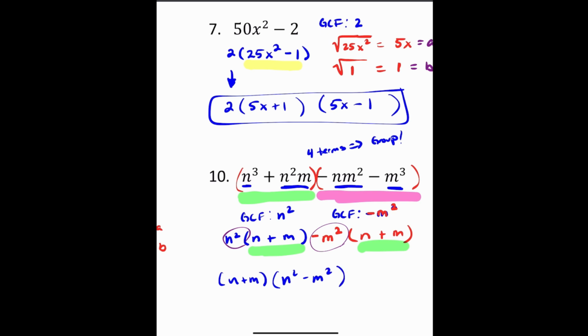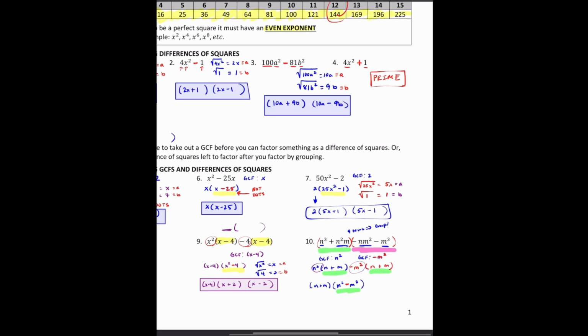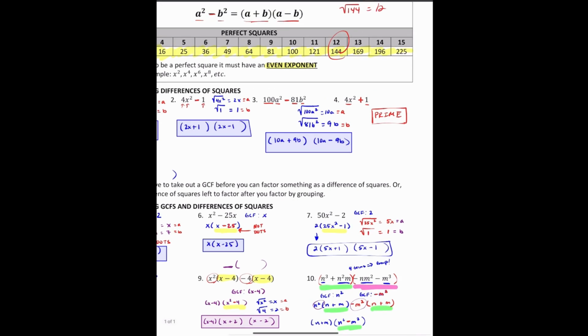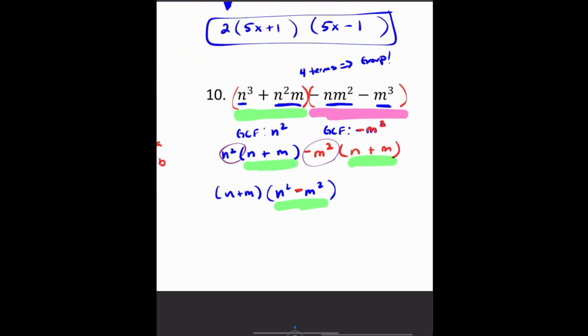And then look over here. We have a difference of 2 squares because these two terms are separated by a minus sign, and this is a variable being squared, and this variable is also being squared. And remember, a variable that has an even exponent is considered a perfect square.